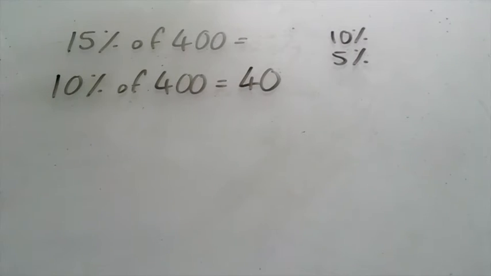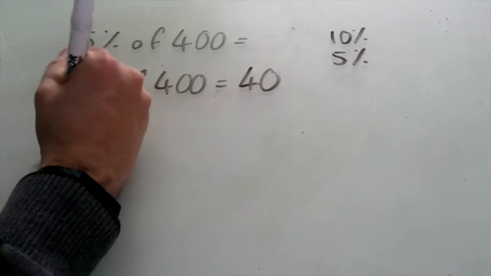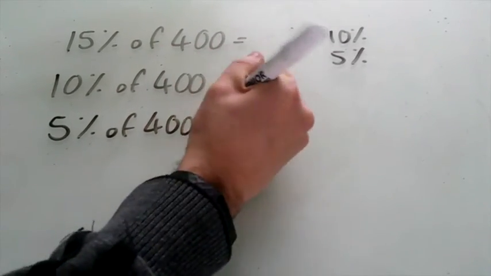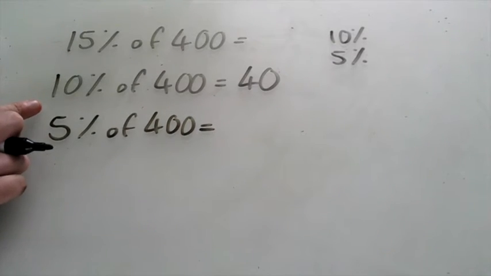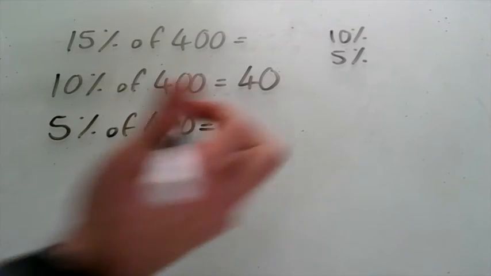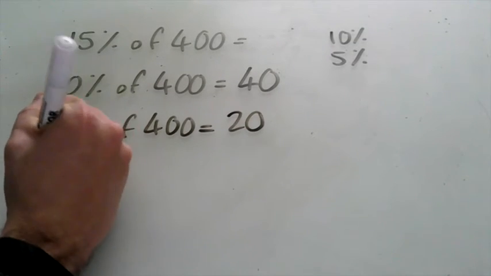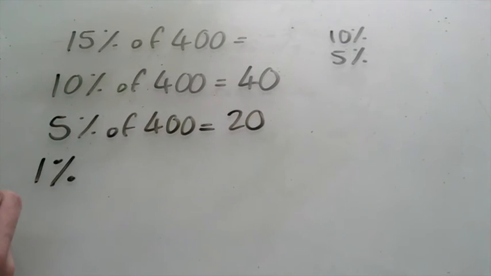So we found 10% already. Now to find 5%, you either halve 10% to get 5%, which will give you 20, or you find 1%.